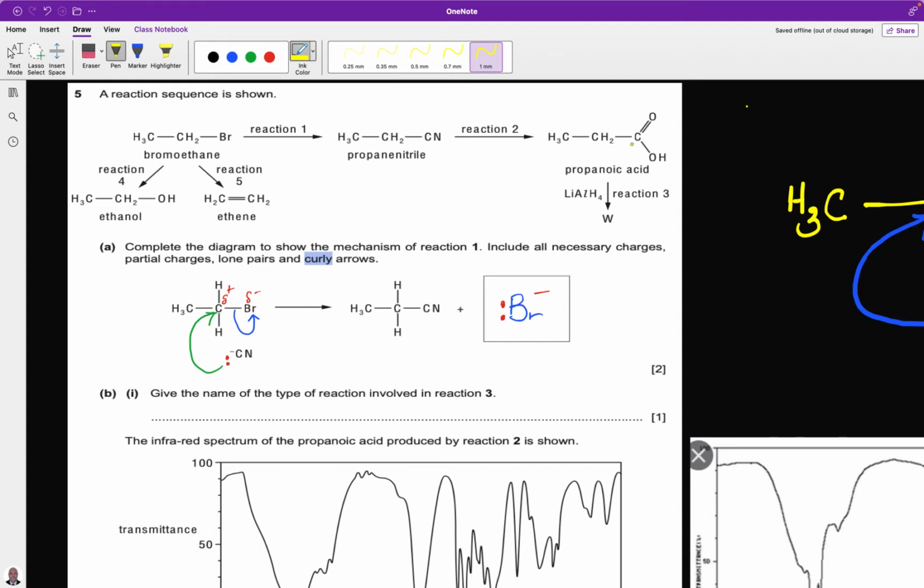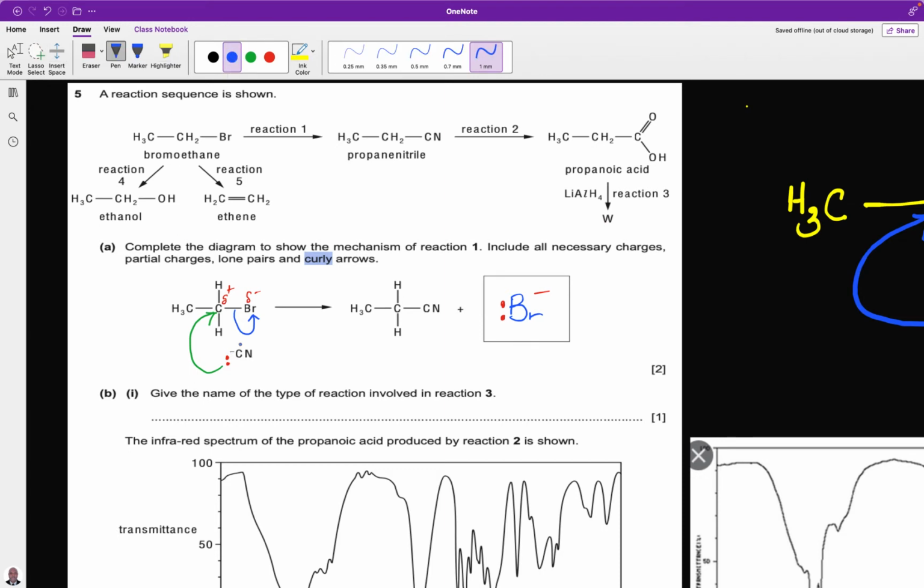This is an acid that has been reduced using this reducing agent to its primary alcohol. And the primary alcohol for propanoic acid is propan-1-ol. So give the name of the type of reaction involved in this reaction. Reaction 3 is reduction.